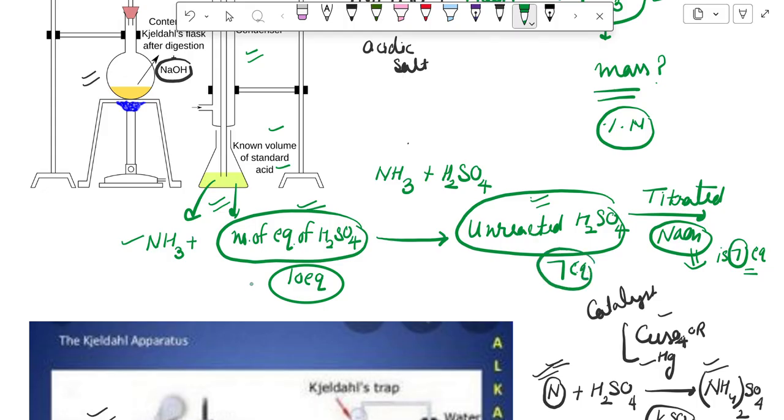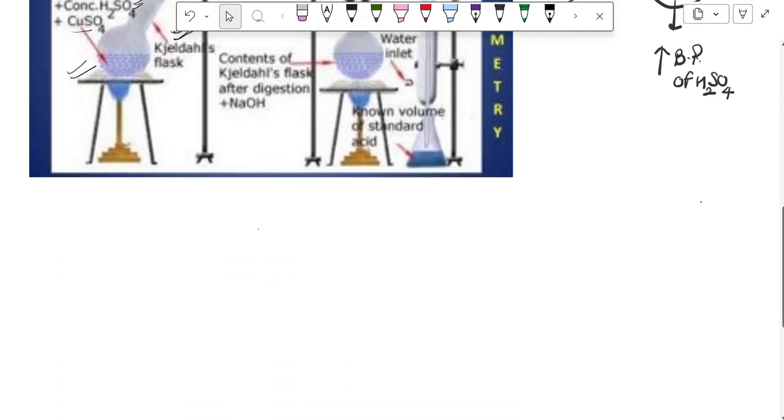We are taking 10 equivalents but unreacted H2SO4 is 7 equivalents. So the number of equivalents of H2SO4 which reacted with ammonia is 3. So the number of equivalents of ammonia is also 3. In such a way, we can find out the number of equivalents of ammonia.